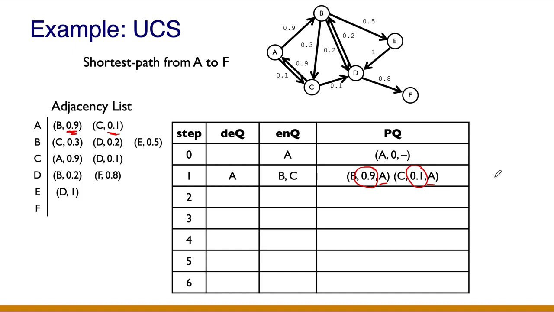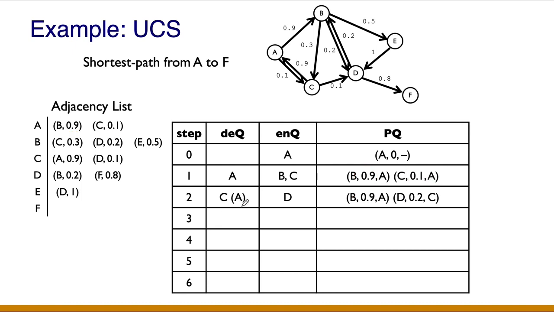Again, it's not first in, first out, and we do not follow fixed alphabetical order anymore, as in the previous case. To get the next candidate, we look at the current candidate list, B and C. C has the lower total cost to traverse to, so we pick C as the next node.